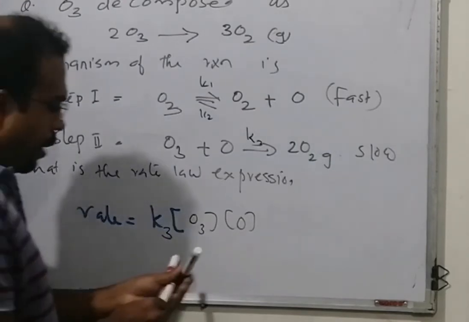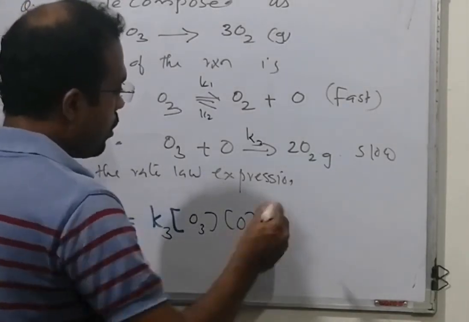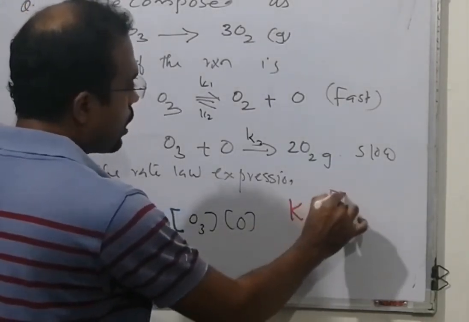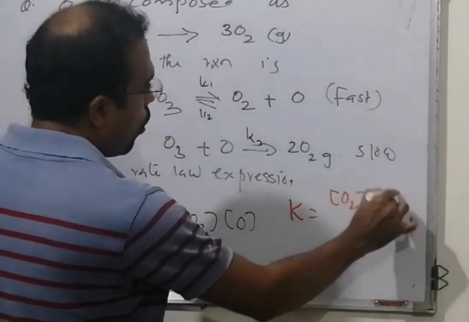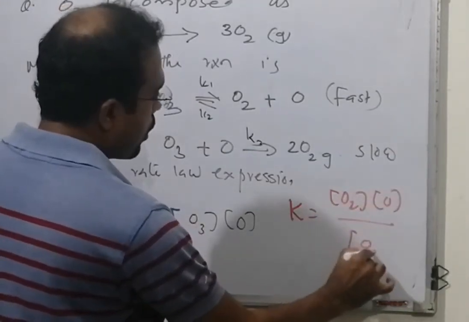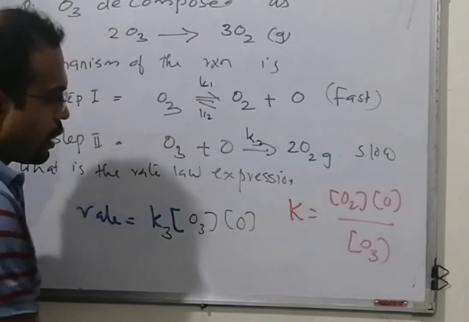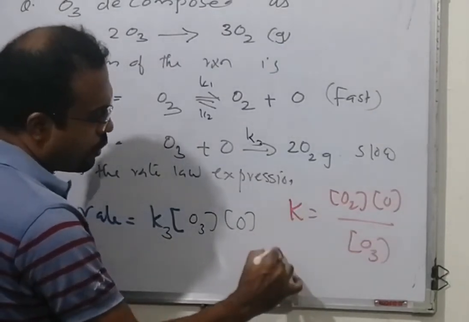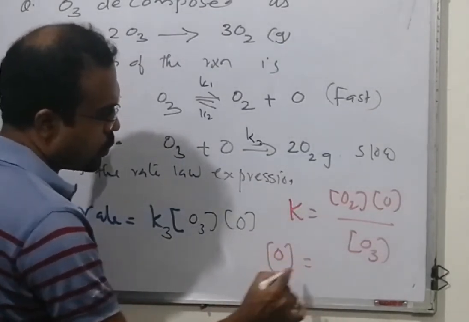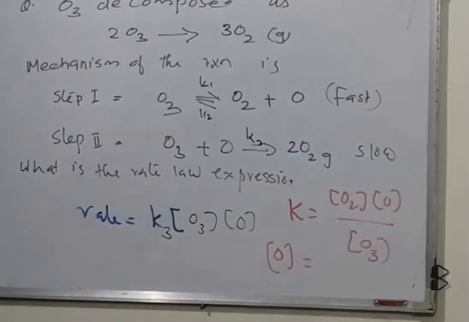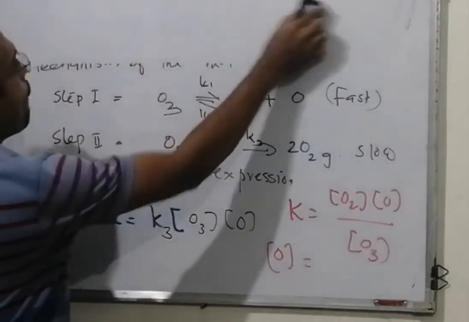Therefore, we have an equilibrium constant K equal to O2 times O divided by O3. Now this is the equilibrium constant.